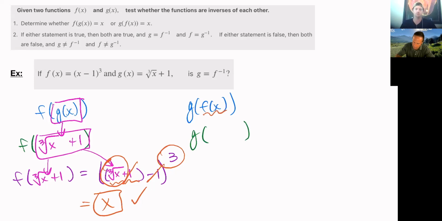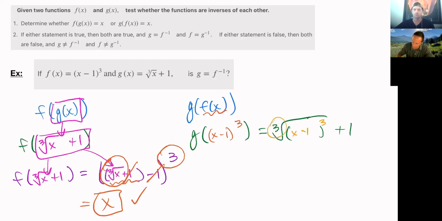So same thing for the other one, just to check it. F of x, we'd have to plug that in, which is the x minus 1 quantity cubed. And we know g of something already is equal to the cube root of something plus 1. And that something we're plugging in for this one is the x minus 1 cubed.